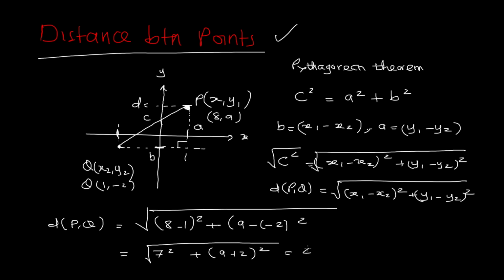So this will give us 49 plus 11 squared, still under a square root. This is 49 plus 121 under the square root. That gives us 170. Then you get the square root of this. That will be your distance.